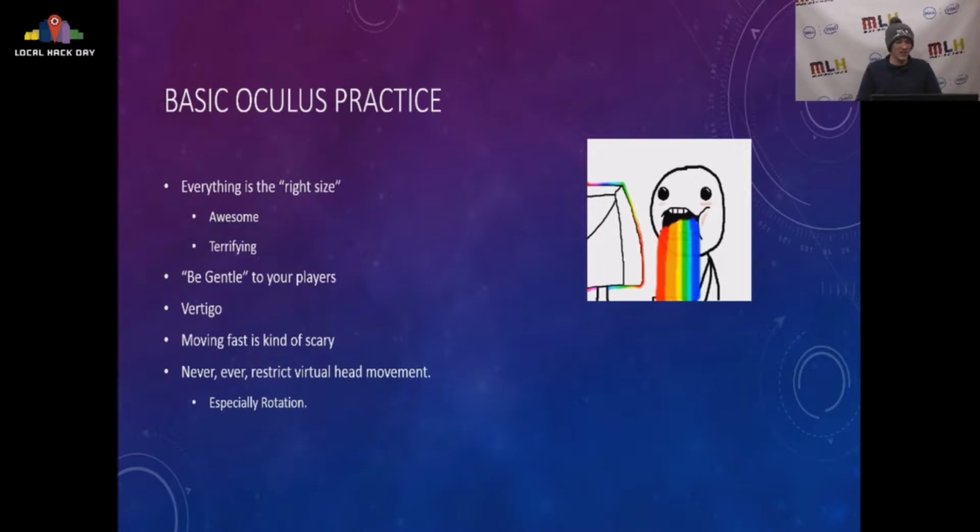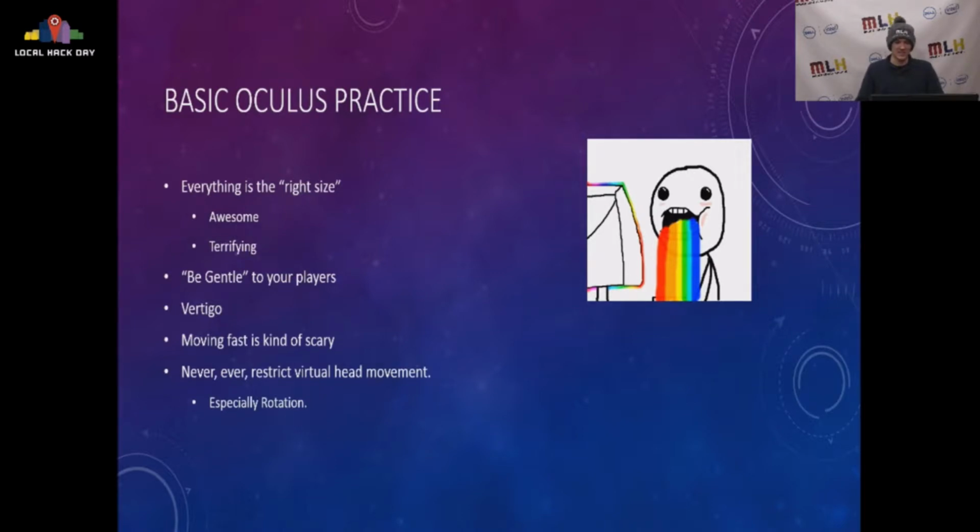Moving fast is scary, and above all else, never restrict their head movement, because if you prevent them from rotating their head, it starts to make them motion sick. They feel that they're moving their head, but what they're seeing in both their eyes isn't moving, and it creates a disconnect between what they're feeling and what they're seeing.